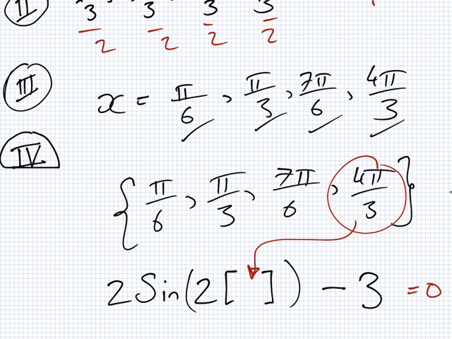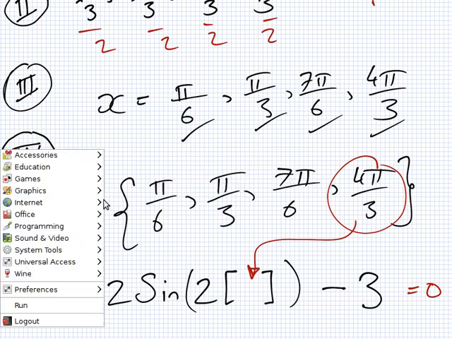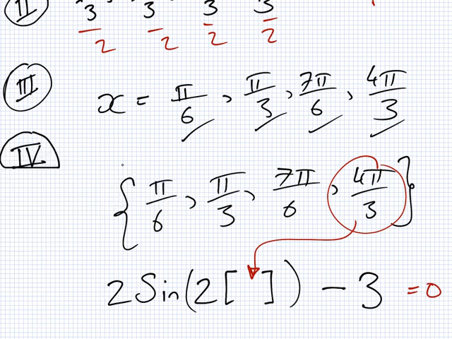Yeah. Okay, can you test it out on your calculator? Can you put this in and see that you get 0? Let me just open up my calculator. Are you in radian mode? Maybe not.